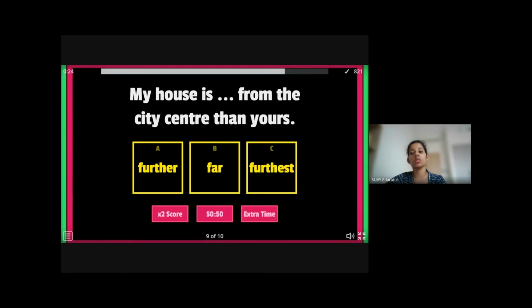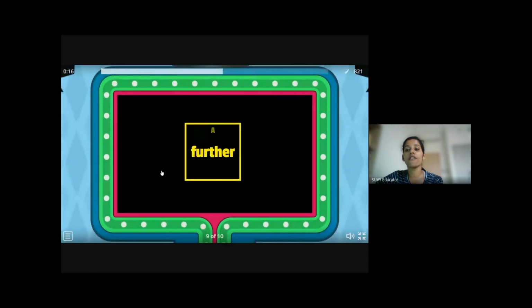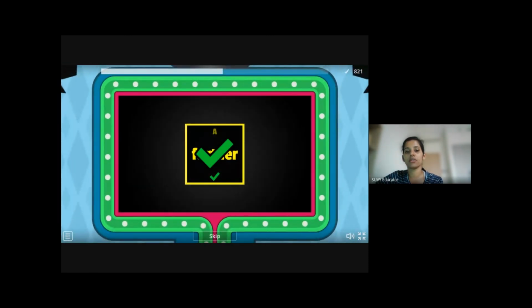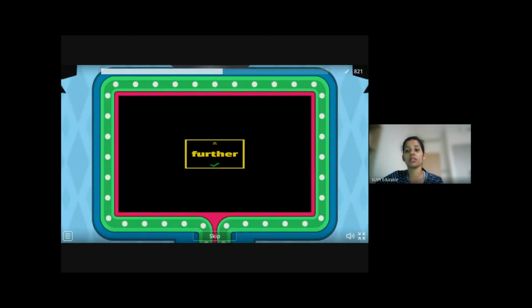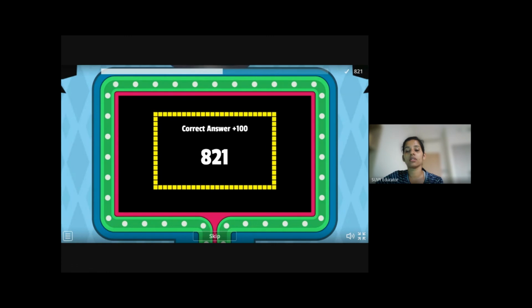So again, this becomes the comparative degree, and that's why it is far. Farther is about far, and ahead is for further.